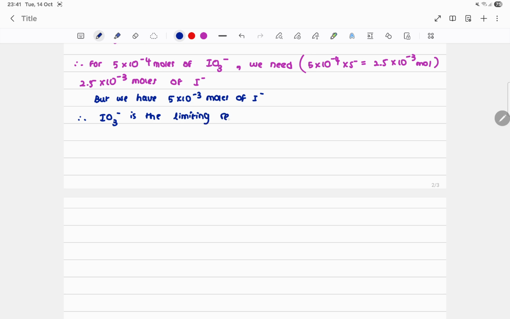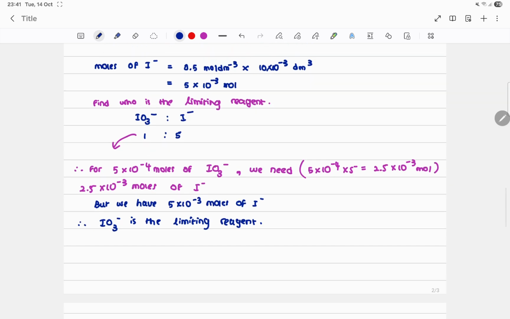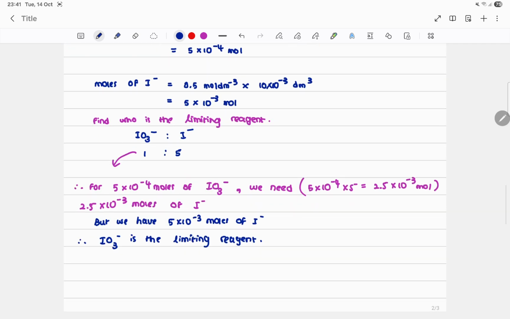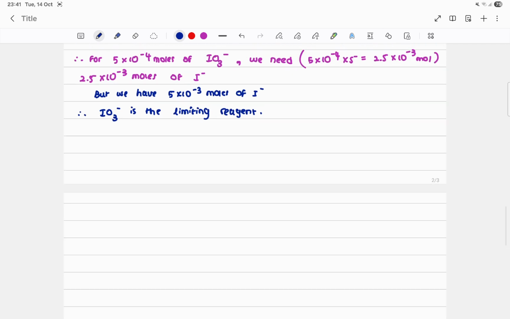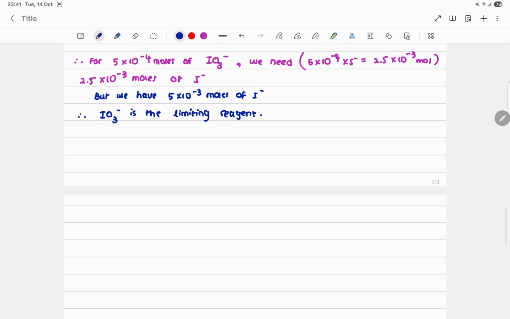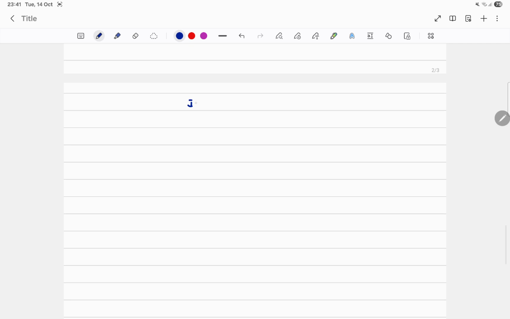First, we have to find the limiting reagent. I'll explain this question again at the end. First, let's figure out how to go to the answer. The limiting reagent is IO3 minus. Now we can use the stoichiometry again. IO3 minus to I2 is 1 is to 3.